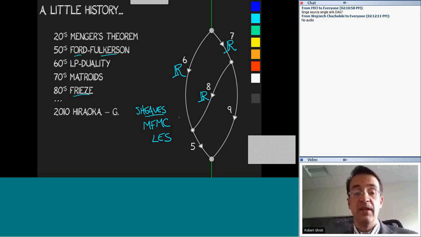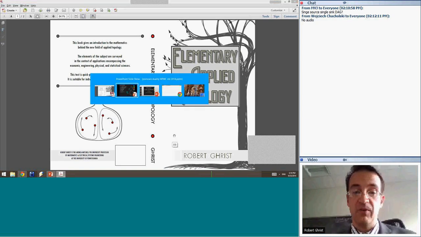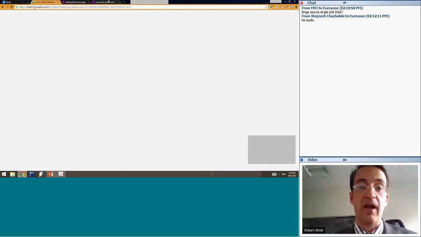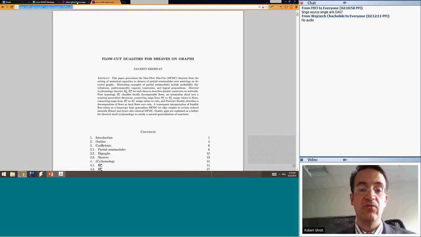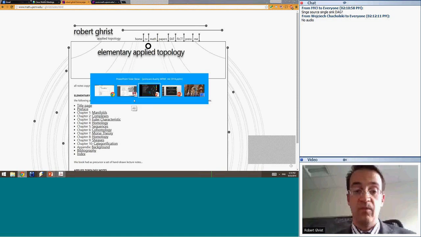The details about that, you can see in chapter 9 of the book that I am writing on algebraic topology. If you go to the appropriate website for that course, then you can check it out right there. Chapter 9 will have a bunch of details on that for you.